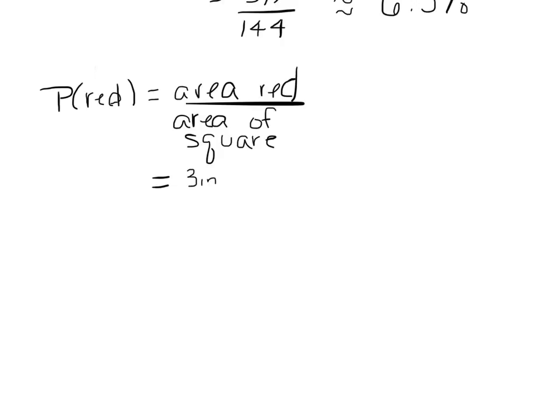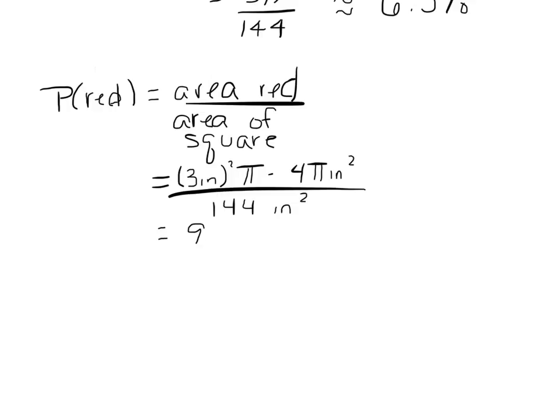So I get 3 inches squared times pi minus 4 pi inches squared over 144 inches squared, which leaves us with 5 pi, 9 minus 4 is 5, over 144, which is approximately 10.9% chance of getting it within that red region. As you can see, as you get into a bigger and bigger circle, you have a better and better chance of getting your dart into that region.